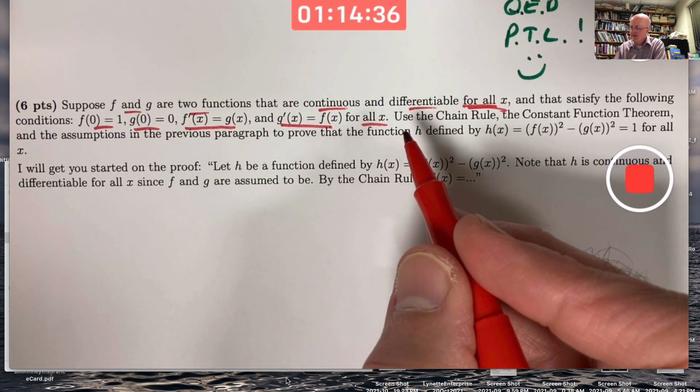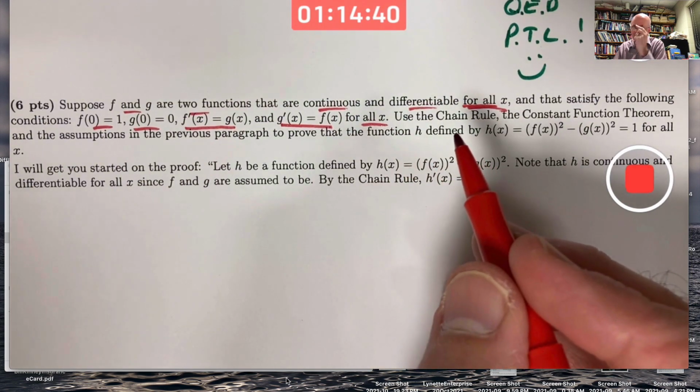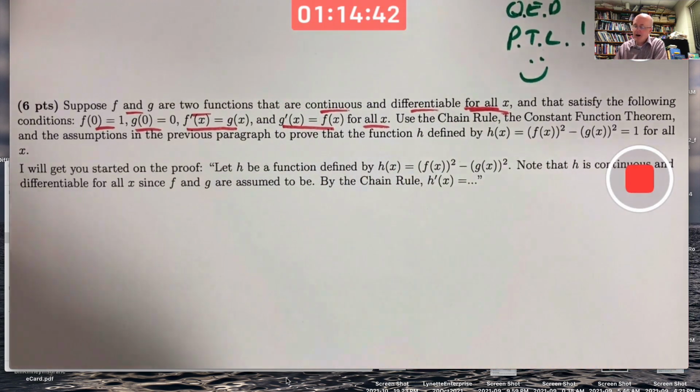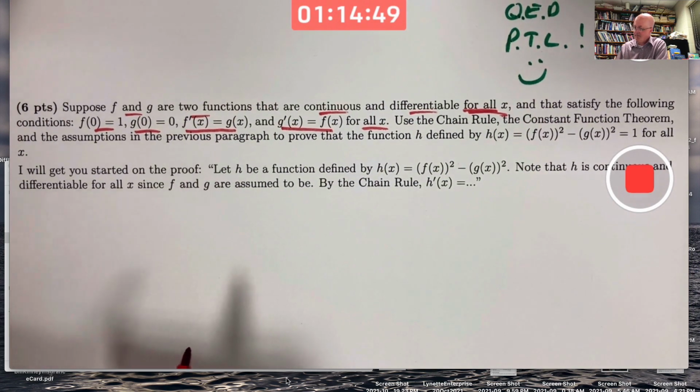Weird. You might want to think about what functions f and g might be here. They are actually moderately familiar functions related to the word hyperbolic, if you want to look it up.